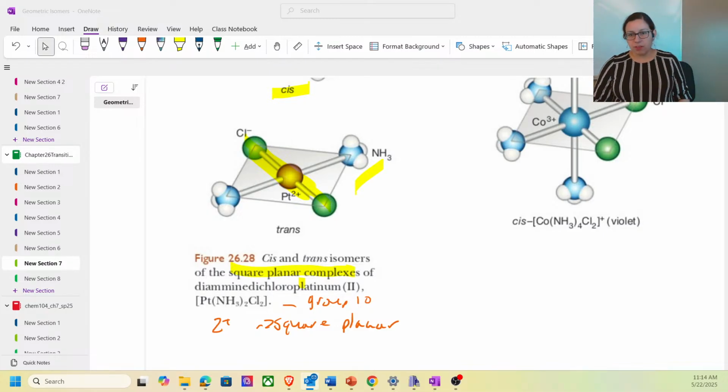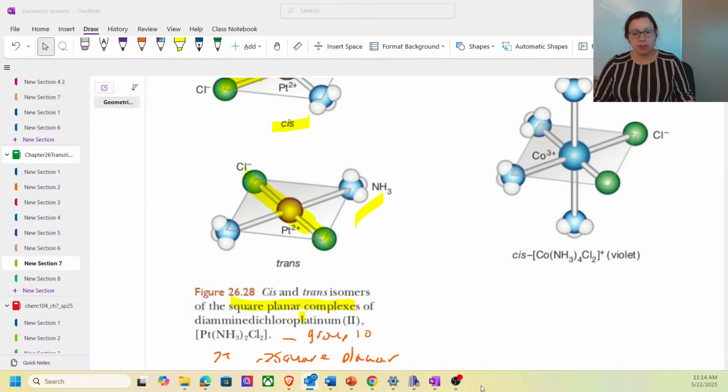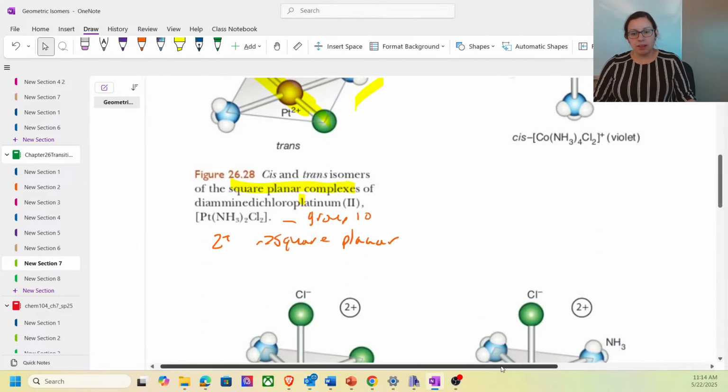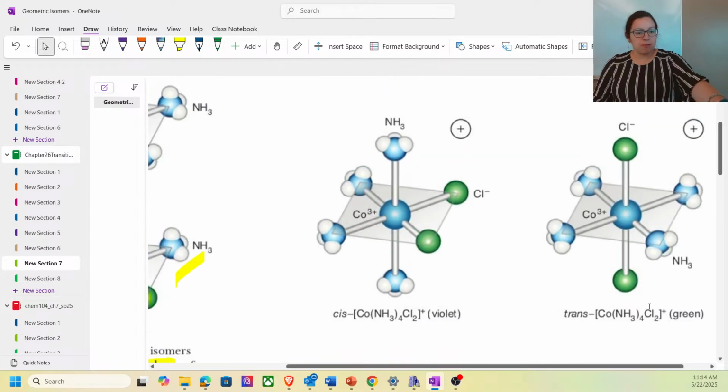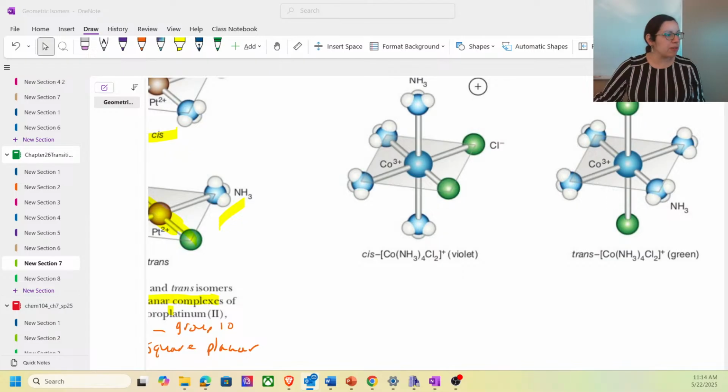All right, so then we saw that we have a similar sort of thing for our octahedral complexes, where we have different isomers. So we have a few different combinations of potential isomers.